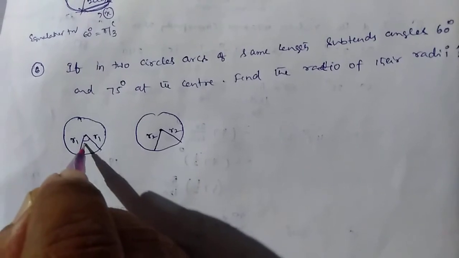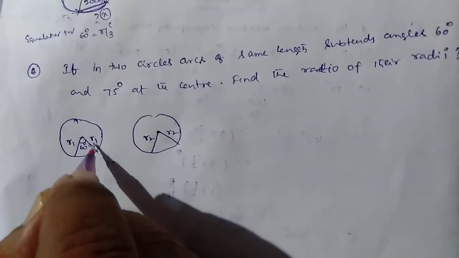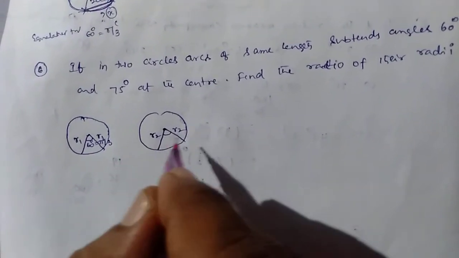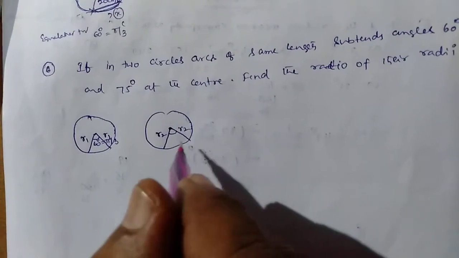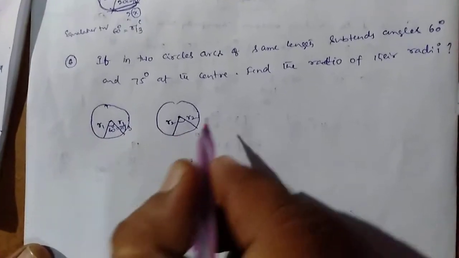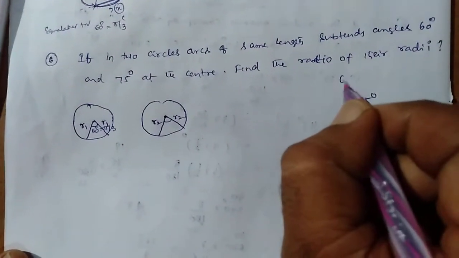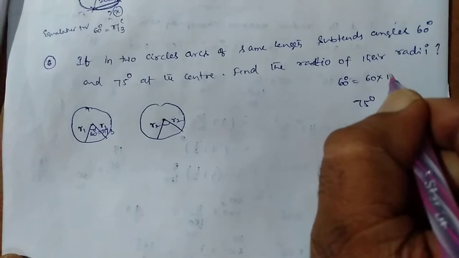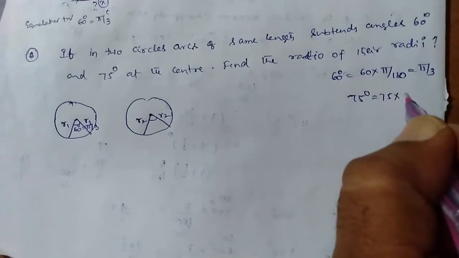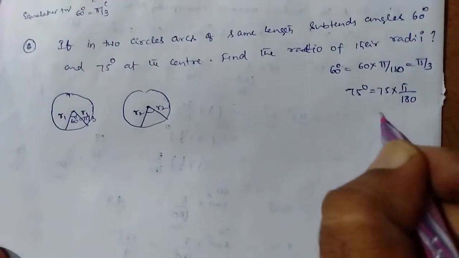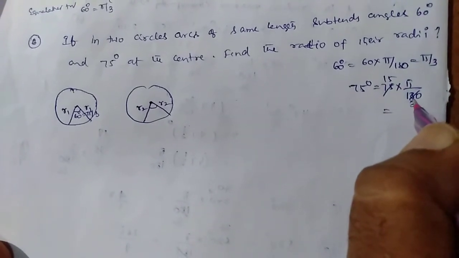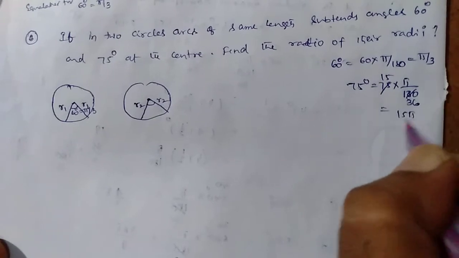but here it makes 60 degrees or it is pi by 3, and 75 degrees. 75 degrees means what? 60 degrees means 60 into pi by 180, that is equal to pi by 3, right? 75 degrees means 75 into pi by 180, that is equal to 5 pi by 12.